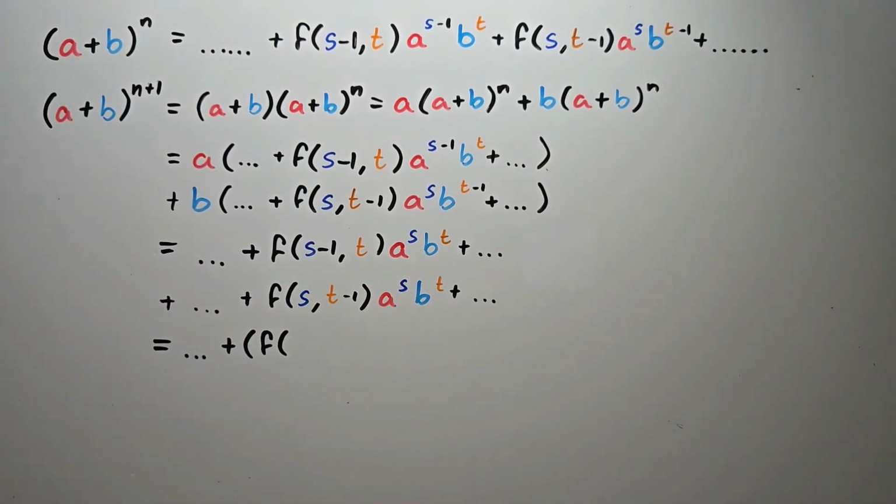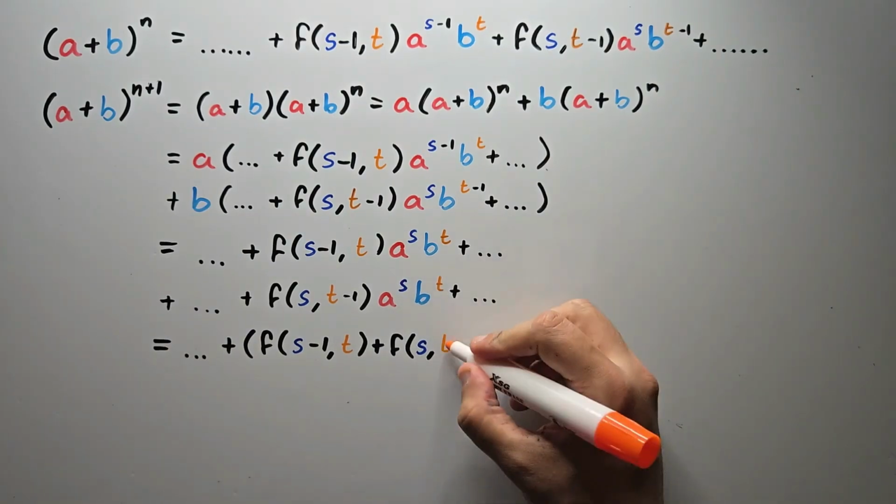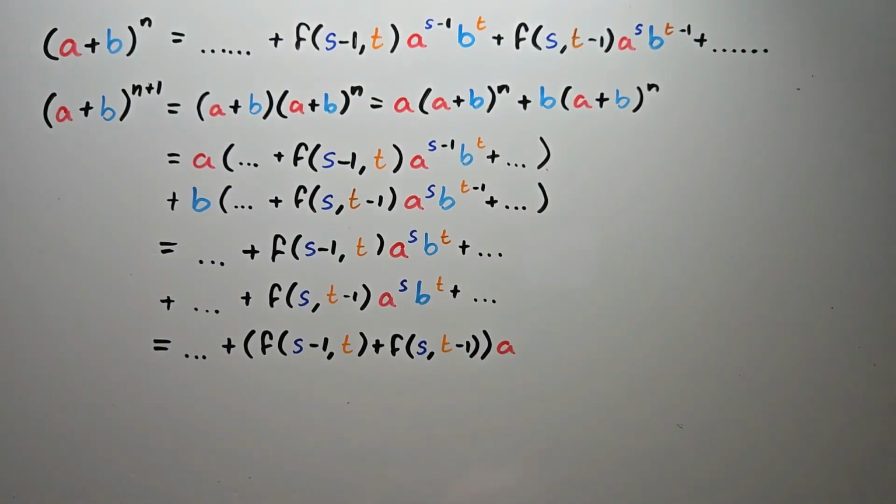And combining like terms will give us (f(s−1, t) + f(s, t−1)) times a^s b^t plus many other terms.